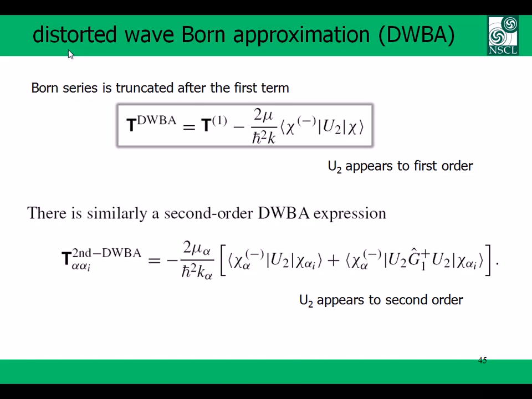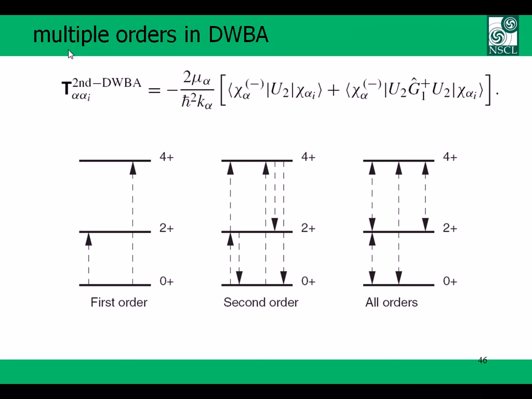So you can think of this as just a means of doing approximations if your difficult part, U2, is small, is weak compared to the rest. Okay, so how can you picture this? Let's say that you have excitations of a nucleus, and that's what you're trying to represent. First order means you can excite.